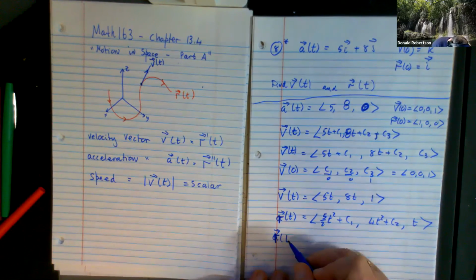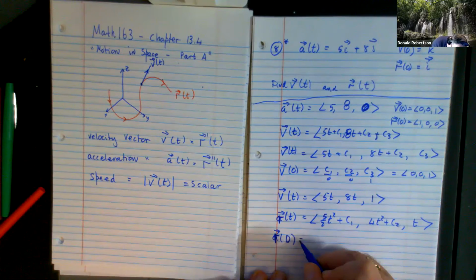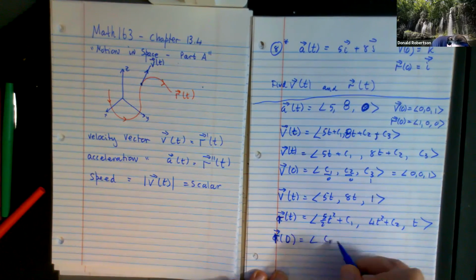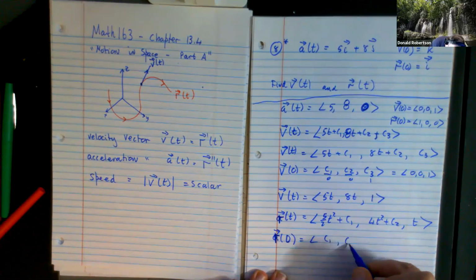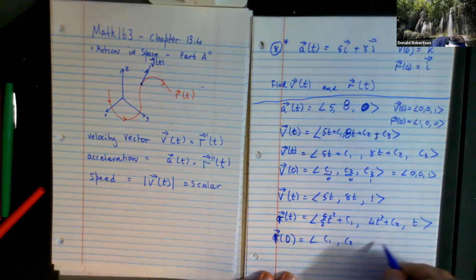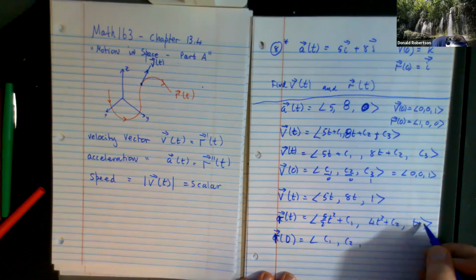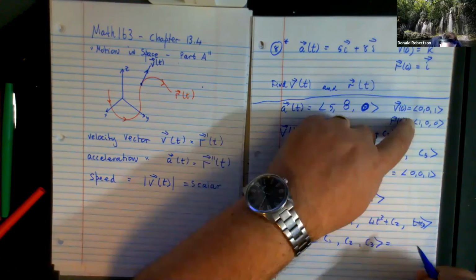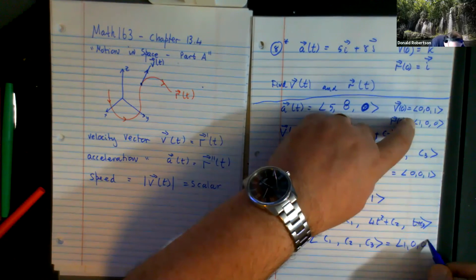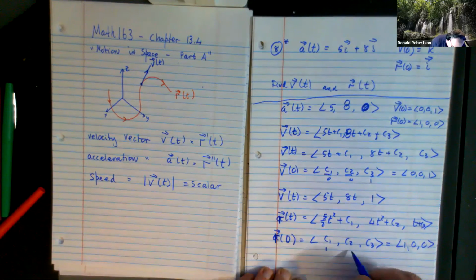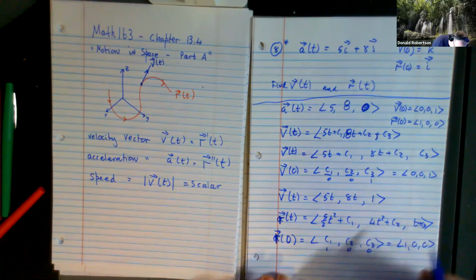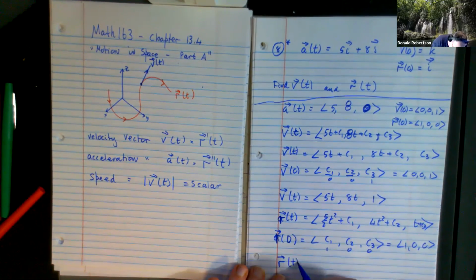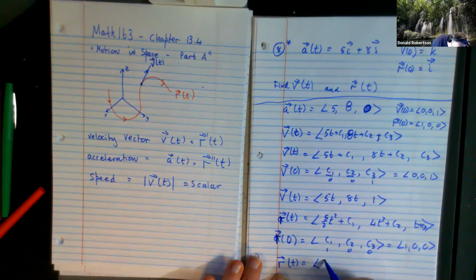And the position vector at 0 is a whole load of nothings c1, a whole load of nothings c2, and a whole load of nothings c3, and it's meant to be 1, 0, 0. So that's 1, and these are zeros. And I squeezed that one in really quickly. 5 over 2 t squared plus 1.